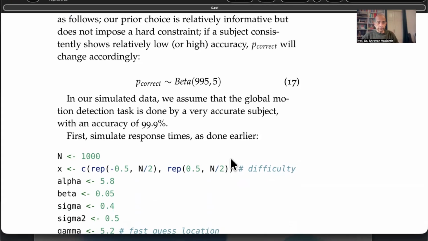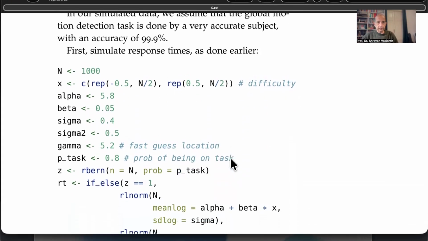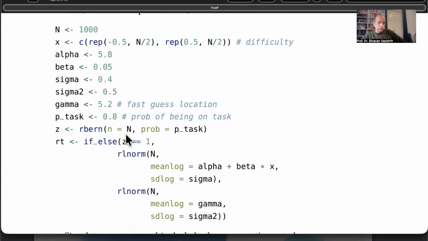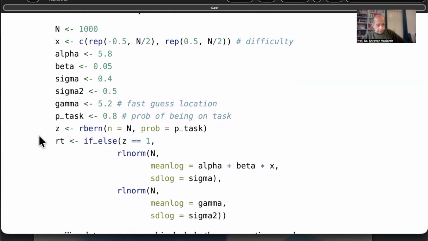So let's just simulate some response times like we did earlier. 1000 data points, and difficulty is coded as plus 0.5, minus 0.5. Here are the same point values as before for the parameters we already know about.